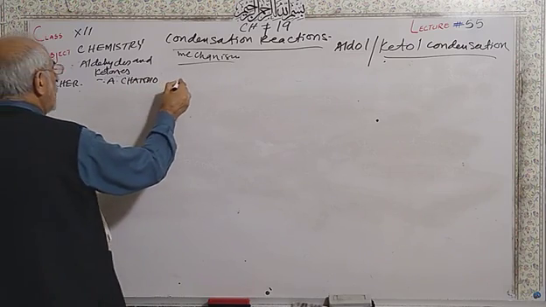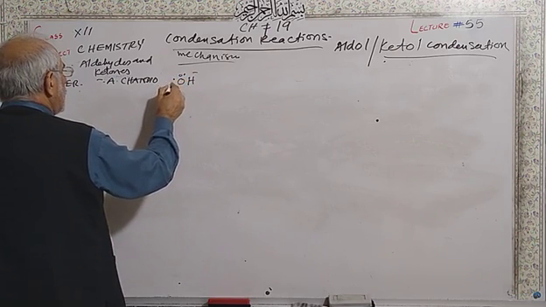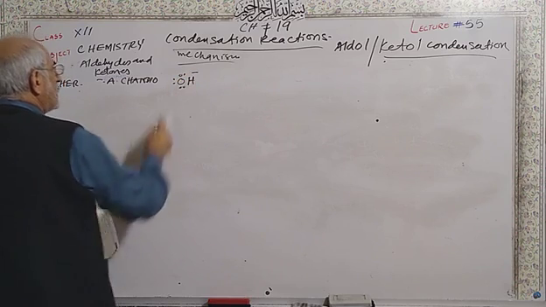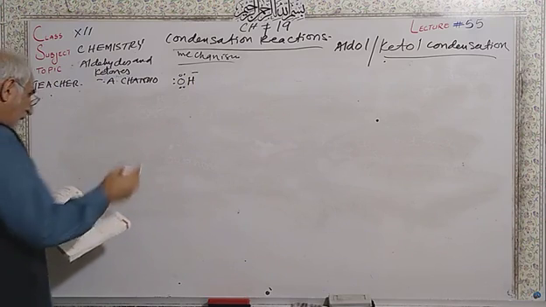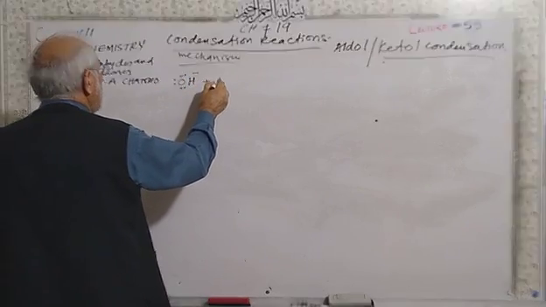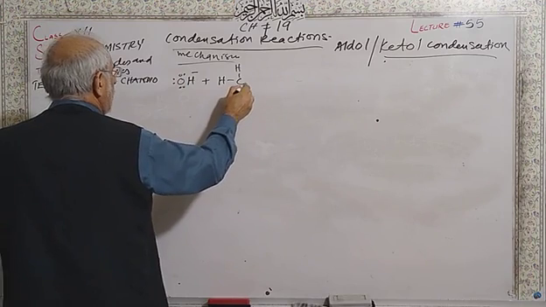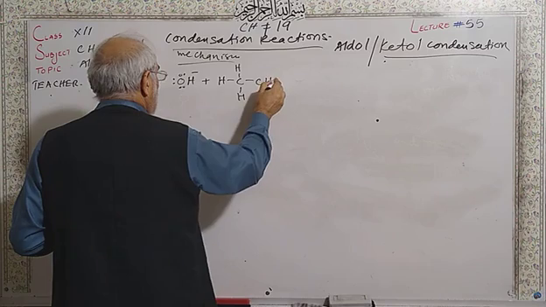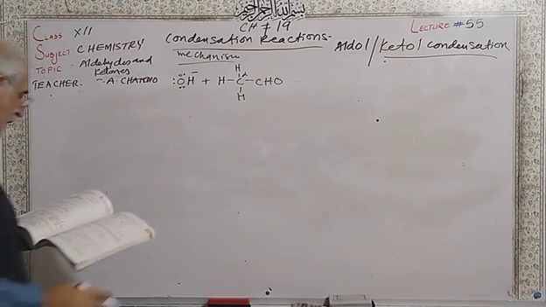We are doing a base catalyzed nucleophilic addition reaction. This is a base, and we are going to write a simple aldehyde which contains alpha carbon. This is a simple aldehyde, ethanal, and this is the alpha carbon.